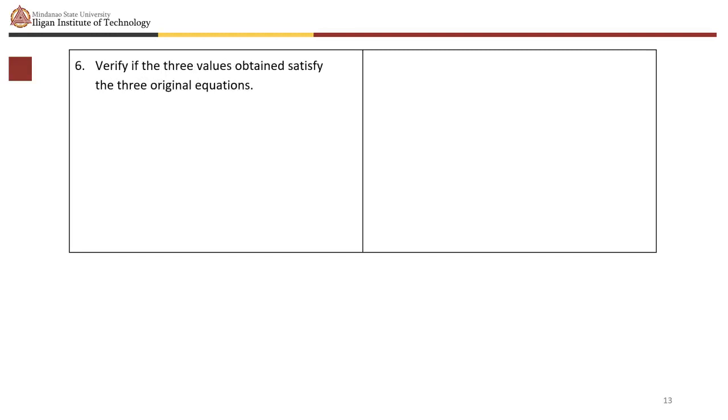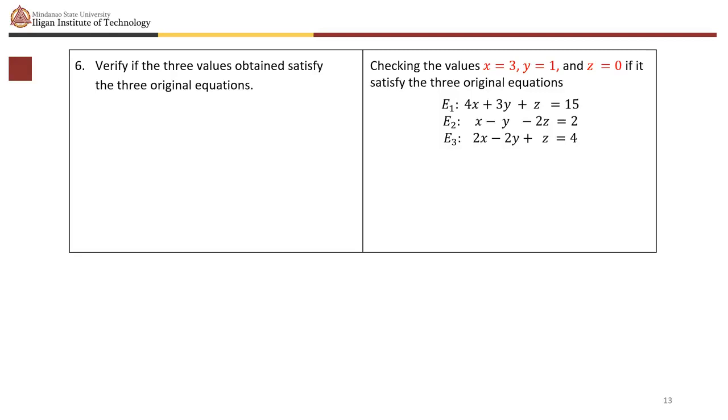So now, we verify if the three values obtained satisfy the three original equations. So checking the values, x equal to 3, y equal to 1, and z is equal to 0, if it satisfies the three original equations: e sub 1 is 4x plus 3y plus z is equal to 15, e sub 2 is x minus y minus 2z equals 2, and e sub 3 is 2x minus 2y plus z is equal to 4.